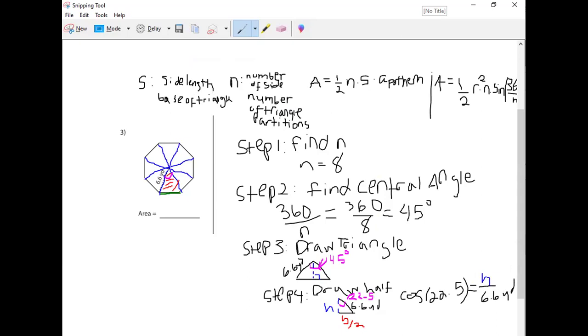So to solve for H, I'll just multiply 6.6 on both sides, and I get that 6.6 cosine 22.5 equals my height.